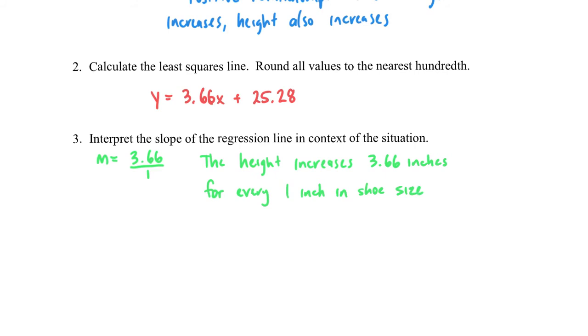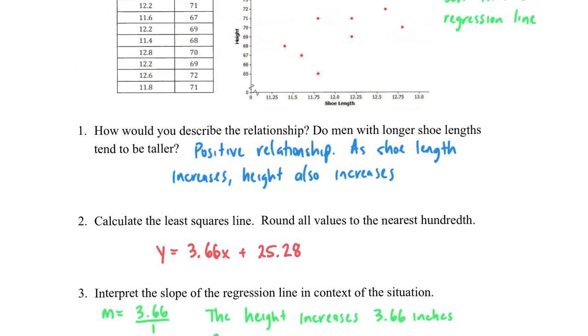Word it in this way: the y variable increases, or decreases if it's a negative slope, blah inches for every 1 inch in, and then you list your x variable. I took all this information right off the graph.